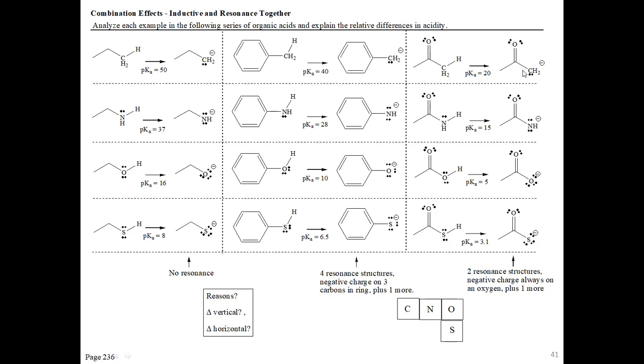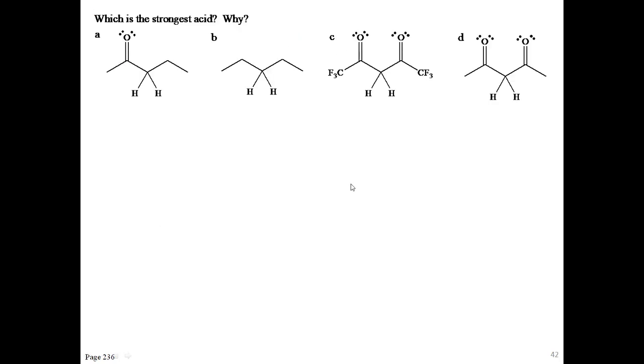So that extra oxygen here outcompetes all the extra 4 carbon structures here. Okay, so we're looking at differences in horizontal row by electronegativity and the vertical here by charge density. We have resonance structures up here, and we have electronegativity up here, so we have all of our different arguments.